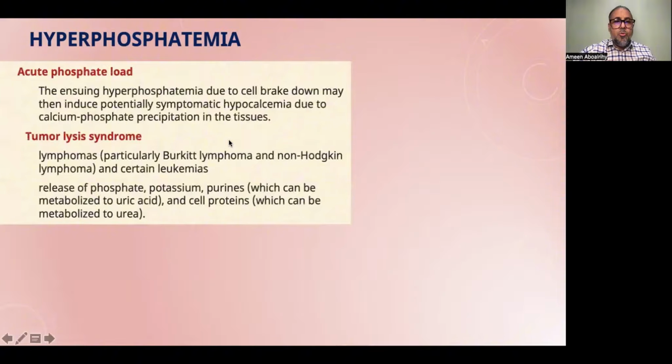Hyperphosphatemia. We don't talk much about hyperphosphatemia because usually these patients have renal problems and the treatment is a bit hectic. For acute phosphate load, whenever you have significant hyperphosphatemia, you have to think of lysis, either tumor lysis or rhabdomyolysis, because as we said, phosphate is intracellular.